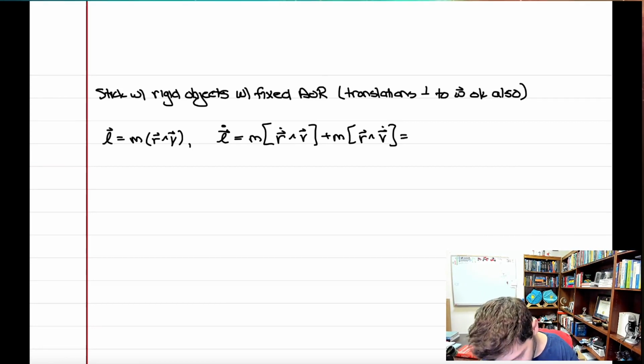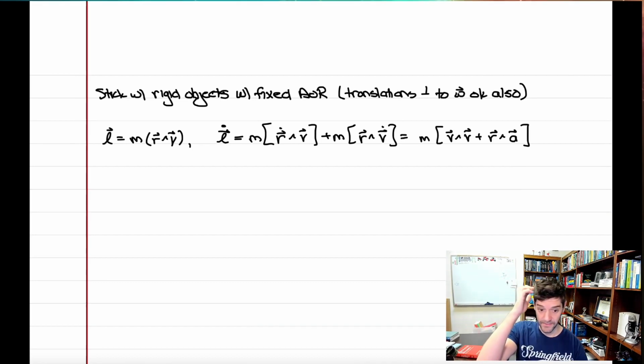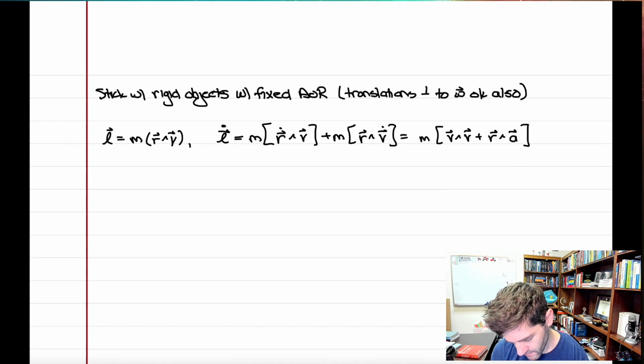Where r dot, of course, is just v, to use r, v, a instead. So this looks like v cross v plus, and then it's r cross a at the end of the day, if I don't want to use dot notation instead. Well, a vector crossed with itself, we of course know that the cross product vanishes in that case.